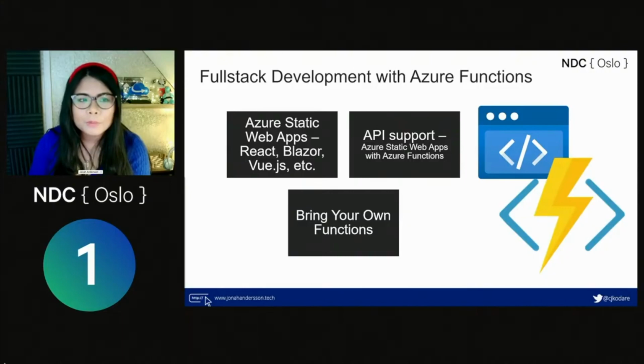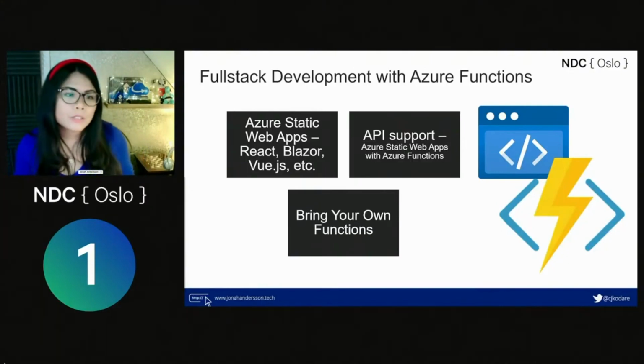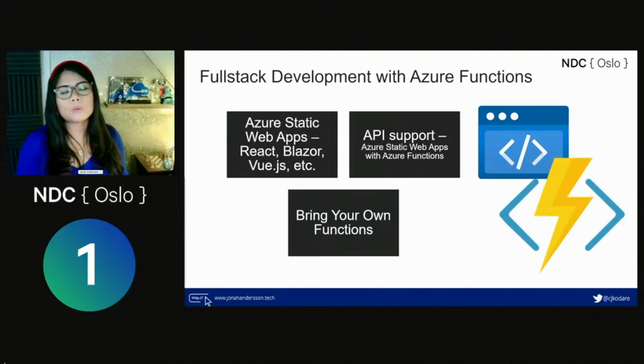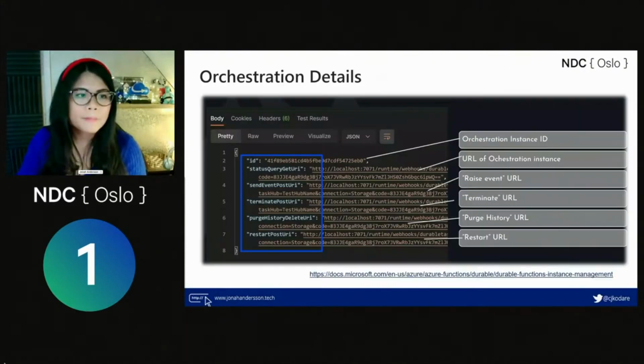For those who have worked with Azure Static Web Apps, you can create a React, Blazor, or Vue app in Azure Static Web Apps, but you can also integrate Azure Functions with API support in the Azure Static Web Apps. And if you already have existing Azure Functions published in production, you can use the feature, bring your own functions, to integrate your static web apps or web apps with existing Azure Functions.